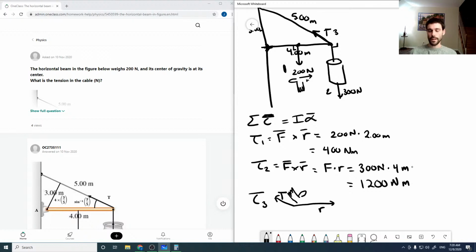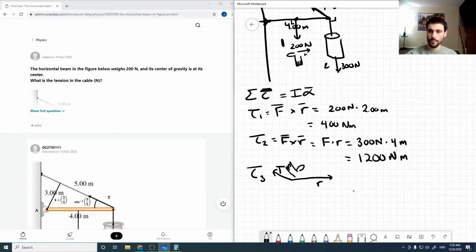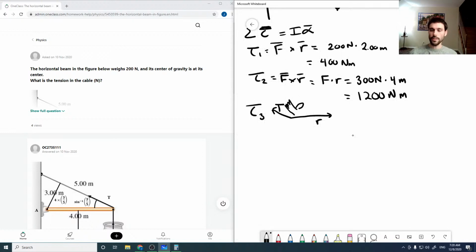And so this is a negative torque. And my strange hands everywhere, but I hope if you follow along this makes sense.